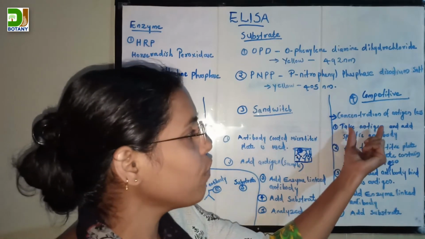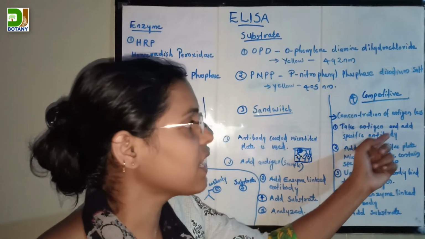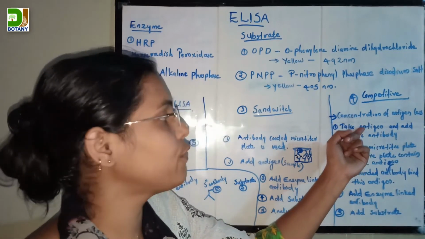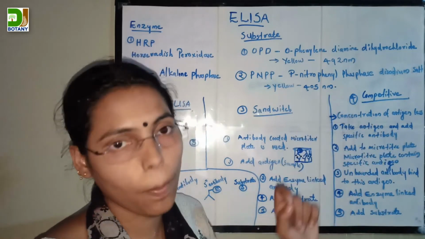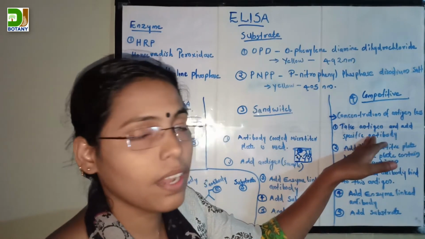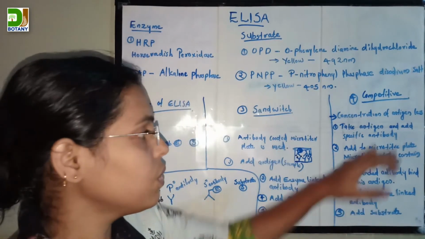The amount of antigen is very small, so the specific antibody interacts with this antigen to form an antigen-antibody complex. Due to the small amount of antigen, many unbound antibodies are present.